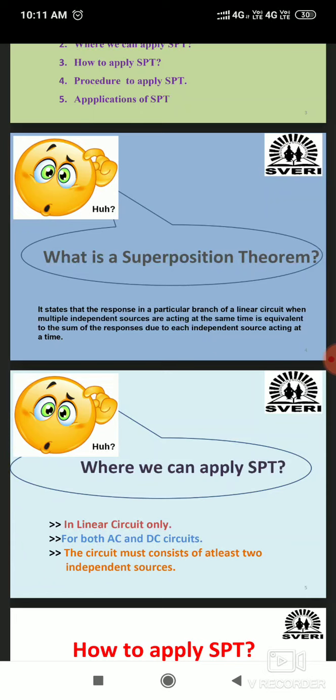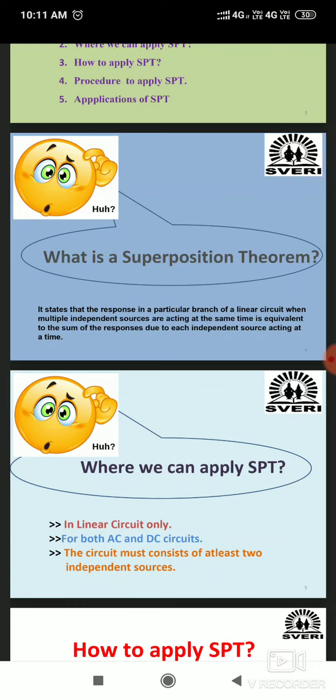We have a lot of subjects, a lot of concepts. How can you remember all those things? It is not possible. You can remember by a logical way. I understand you cannot mug up all those things. Some things you have to remember by logic. If you remember by logic, you cannot forget it. So all theorems we have to keep in mind in a logical way. But superposition theorem, how to remember?